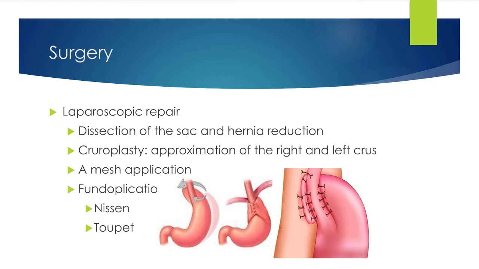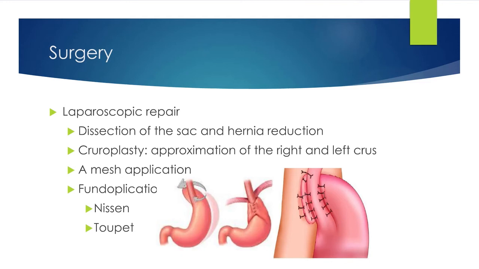Now, repair of the hiatus hernia is known to be very effective in reducing the inflammation in the lower esophagus and also in helping the Barrett's esophagus to stop progressing to a higher degree of dysplasia and cancer.